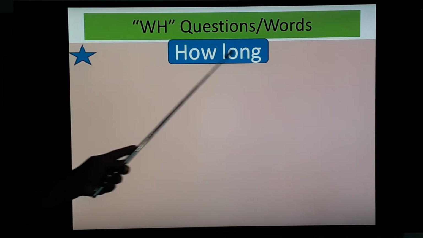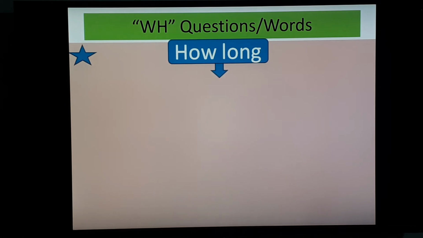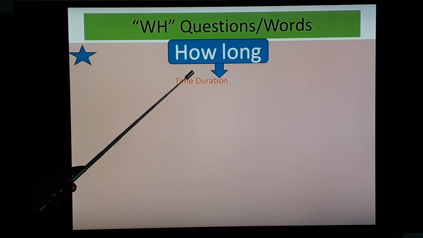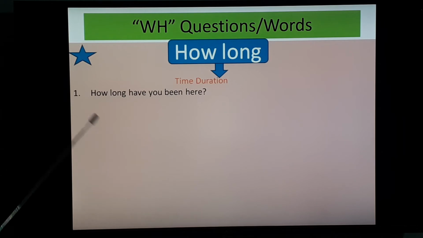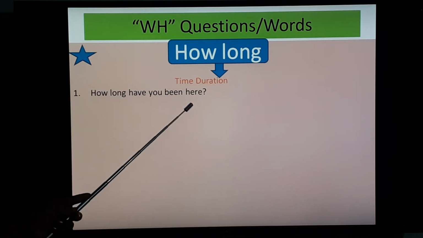Next is how long. Okay, if you want to know about the time duration, you have to frame your question with the help of how long. First, how long have you been here?